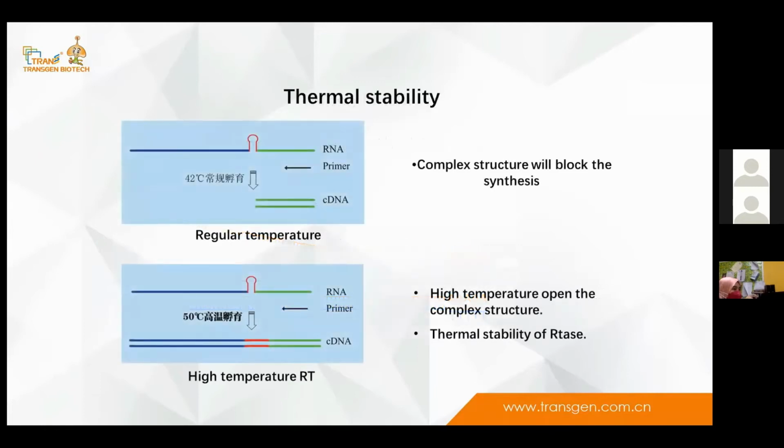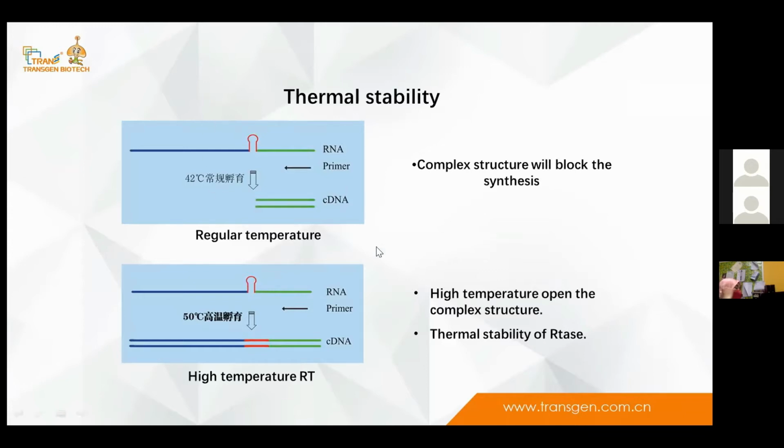The other is the thermal stability. This image we will discuss later. When we do the incubation at 42 centigrade, a lot of information away from the 3' end will be lost. But if we put the system at a very high temperature, such as 50 centigrade or even higher, up to 65 centigrade, it will open the complex structure of the RNAs.